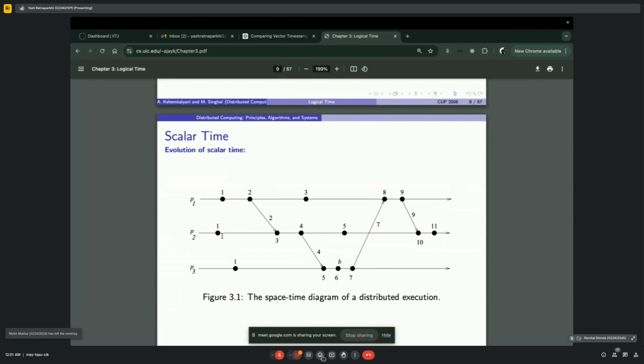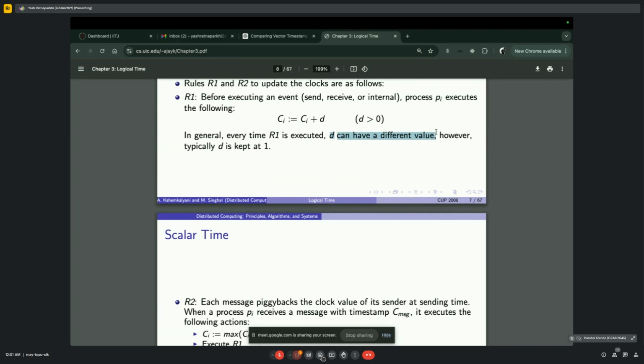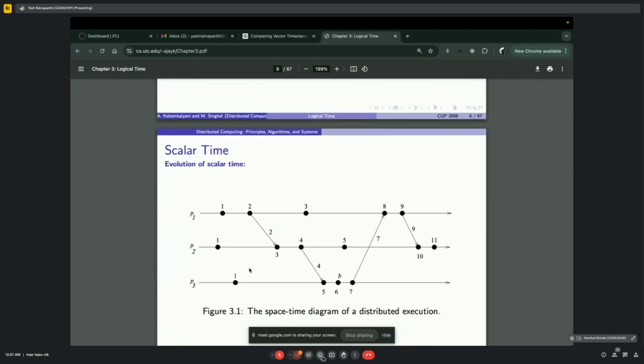Sneha asked one doubt, is D always one? I told her it may change. The D is 1 only. But 1 plus 1 becomes 2 here. That's what I'm saying. D can have different values, however typically D is kept as one. So in this scenario the timestamp increases by 2, and here it increases by 5, right?